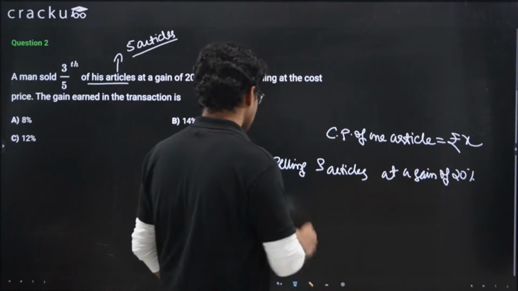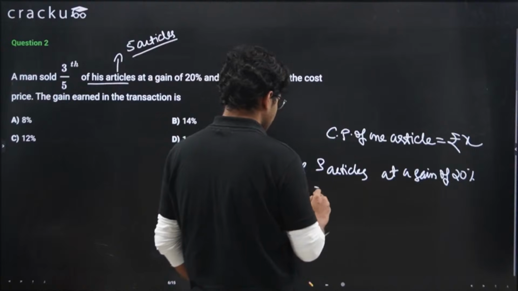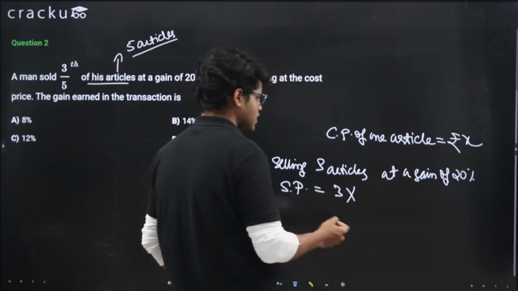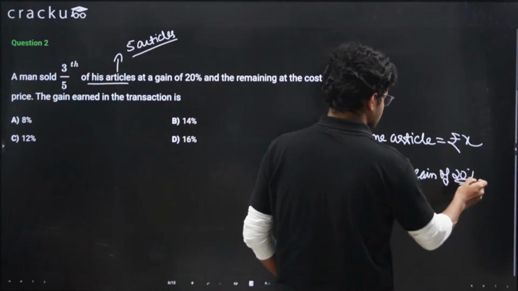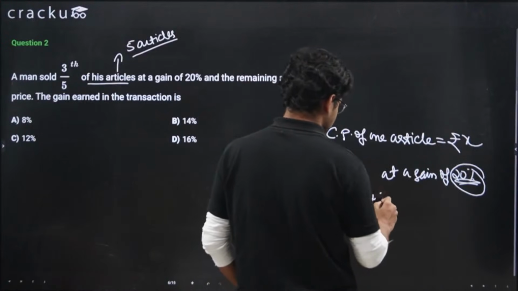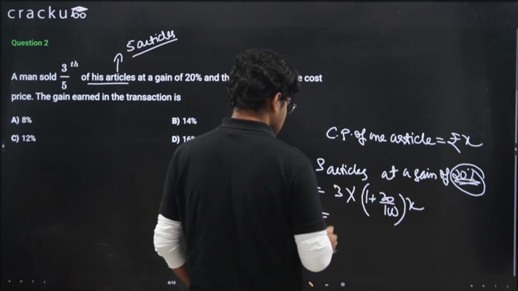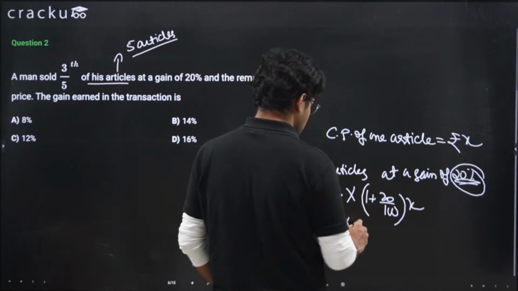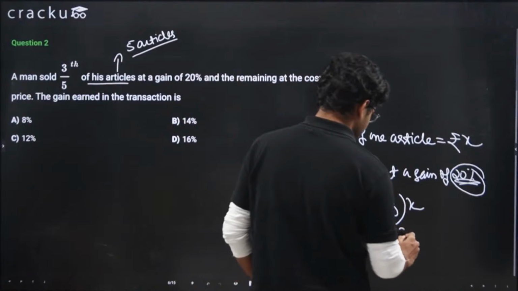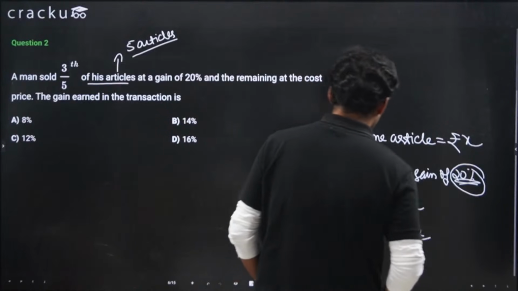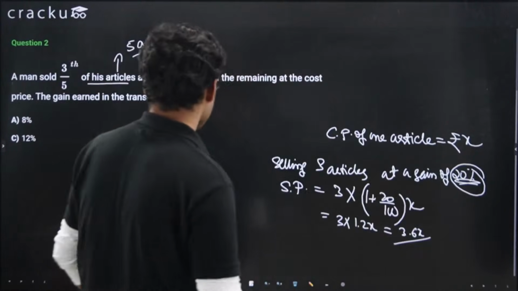What is the selling price of 3 articles? Selling price equals 3 times 1 plus 20 by 100 into X. So it is 3 into 1.2x, which is 3.6x. This is the selling price of 3 articles.